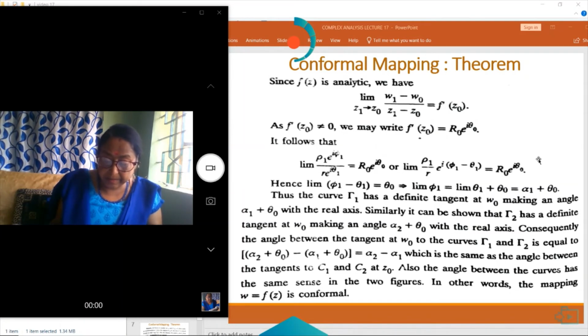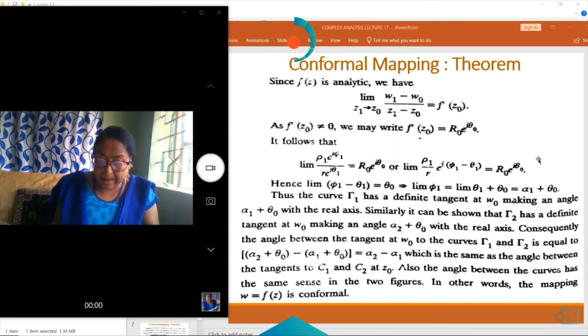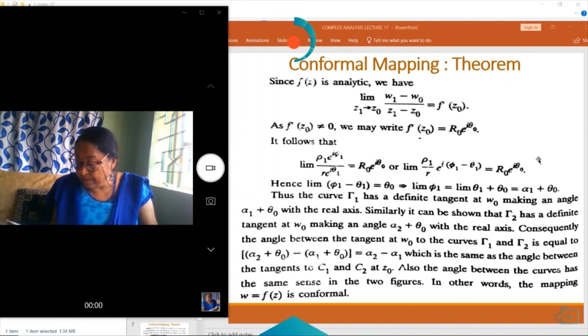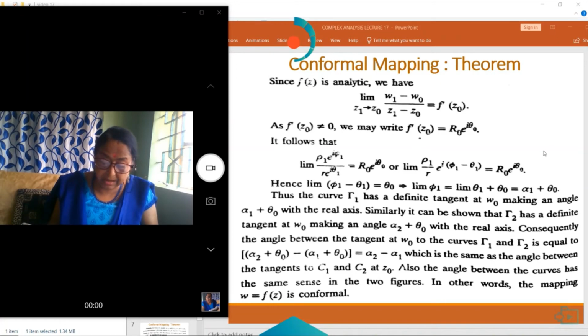Then the curve tau 1 has a definite tangent at w0, making an angle alpha 1 plus theta 0, and similarly tau 2 makes an angle alpha 2 plus theta 0 with the real axis.